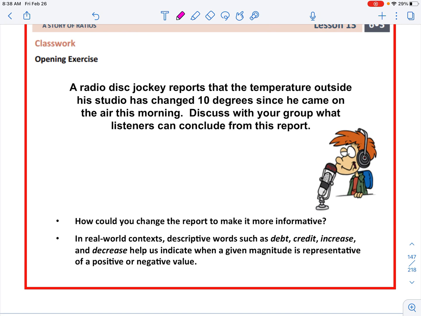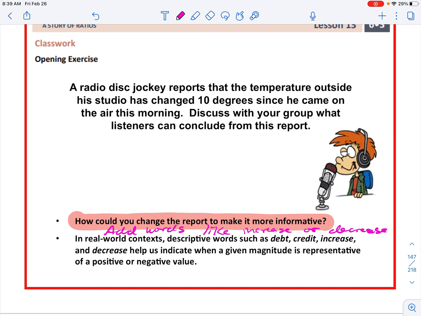So what we can say is right here at the bottom where it's asking us, how could you change the report to make it more informative? Add words like increase or decrease. And we have gone over words that mean positive or negative before.